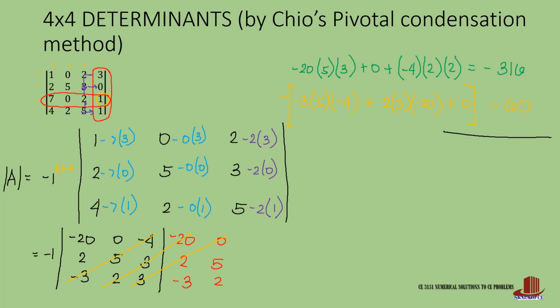This would be minus 60, and taking our negative sign would be positive 60. So 316 less 60, we would have 256 as a negative.